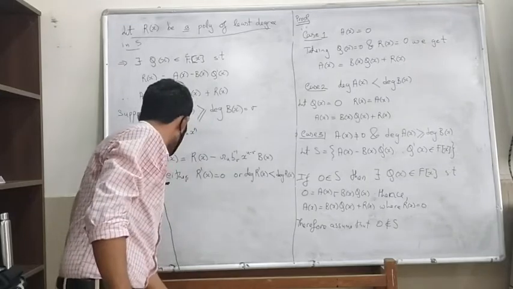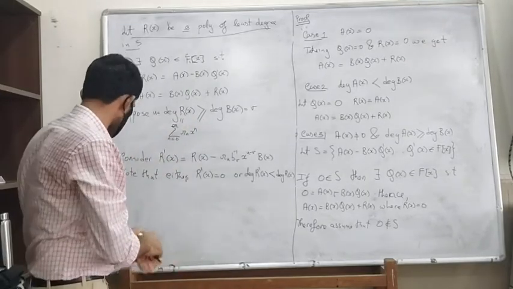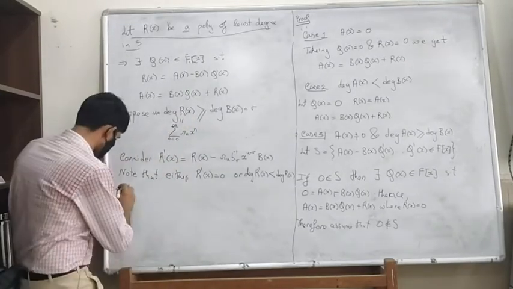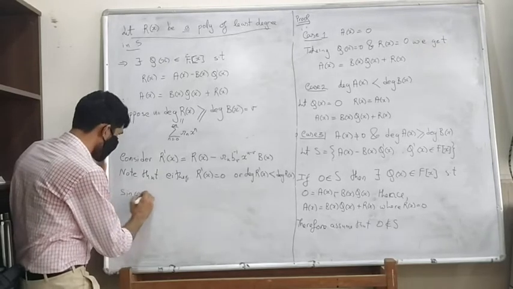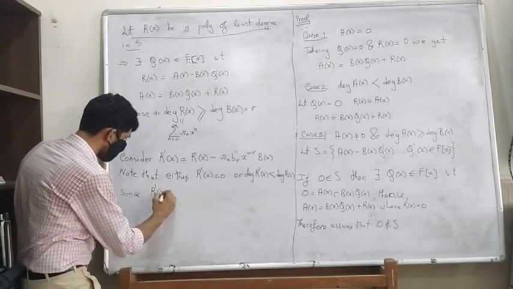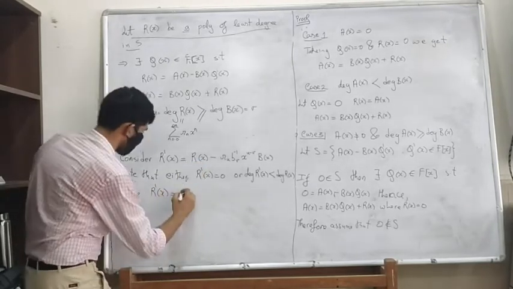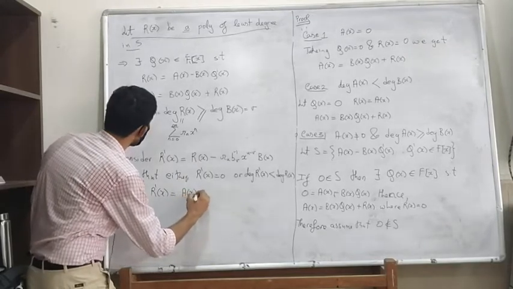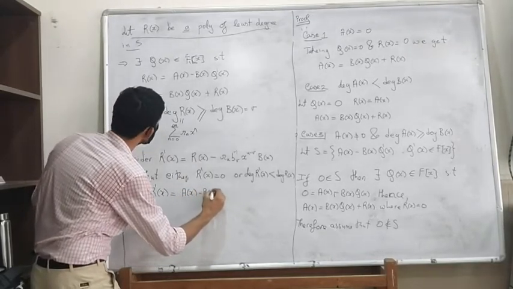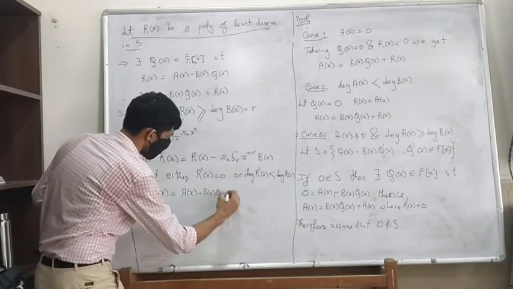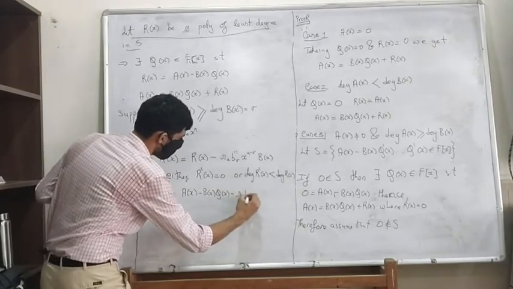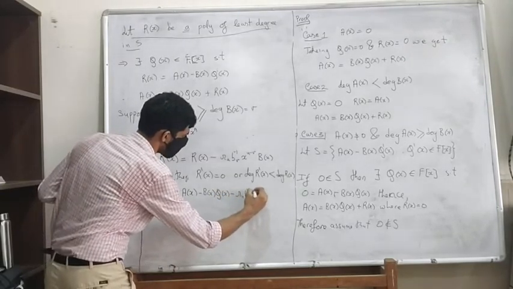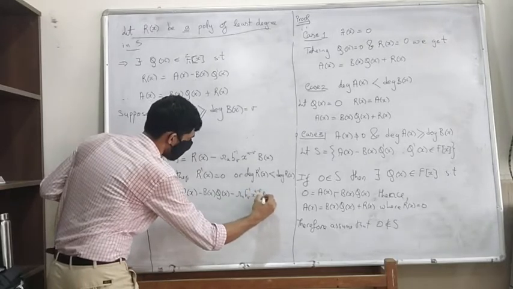So yeah, so let's see. Since r prime of x is what? This is nothing but a of x minus b of x times q of x minus r_u b_v inverse x raised to u minus v b of x.